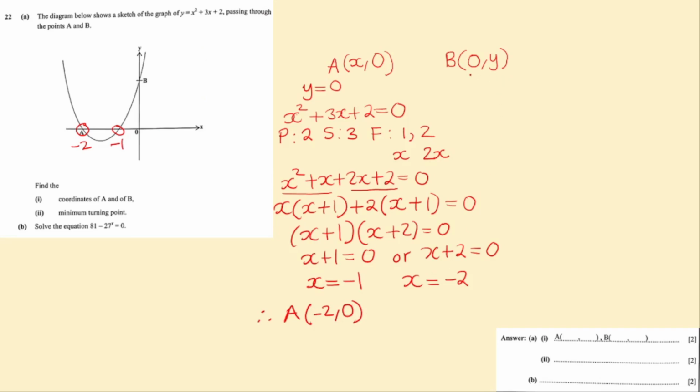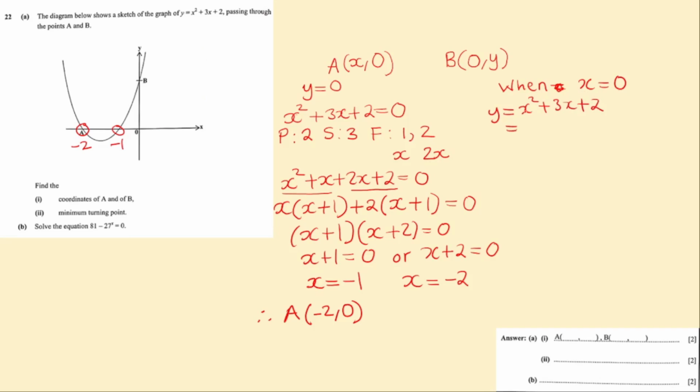Let's find the coordinates of B. So in this case, we need to know what y is when x is equal to 0. So again, I'm going to substitute x is equal to 0 in the equation y is equal to x squared plus 3x plus 2.